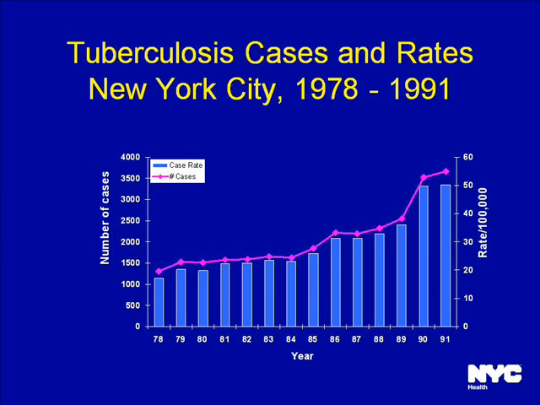A lot of things contributed to the resurgence, but one of the most important reasons was what we call the breakdown of the public health infrastructure. So that includes people, knowledge, and processes on how to control TB.